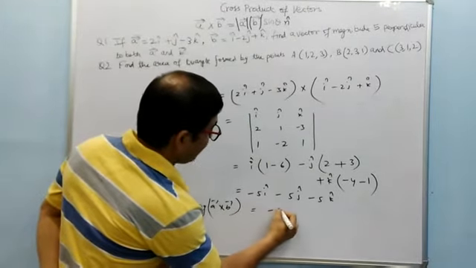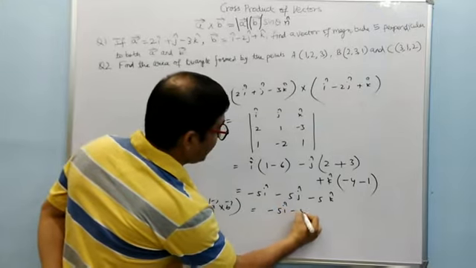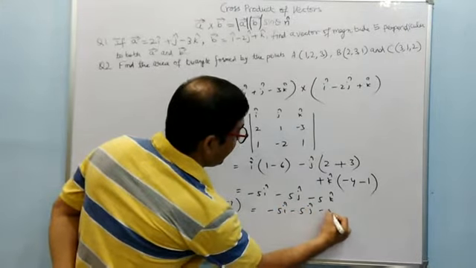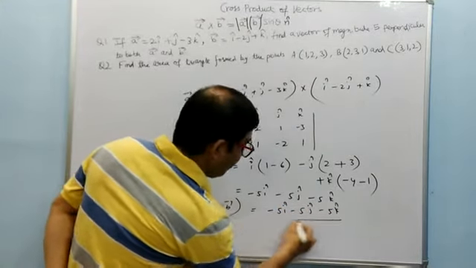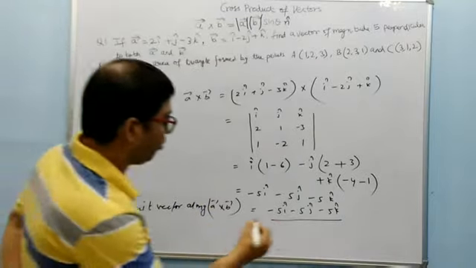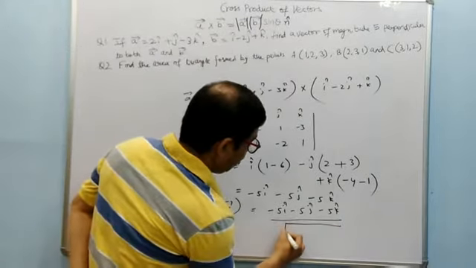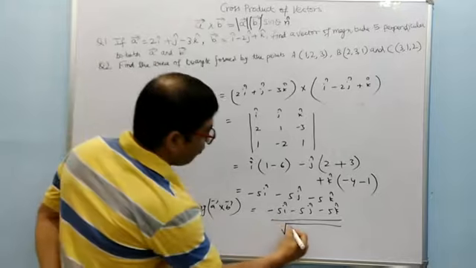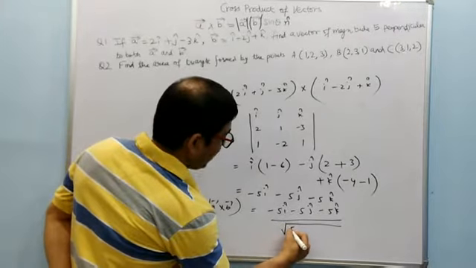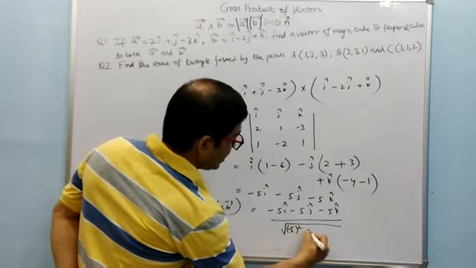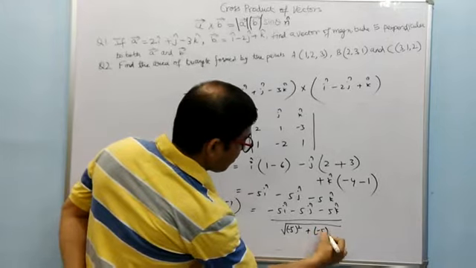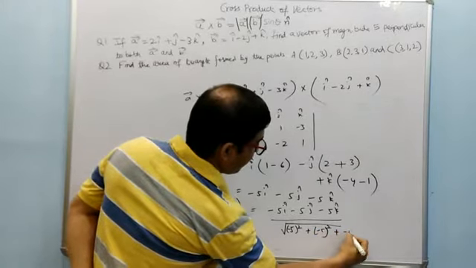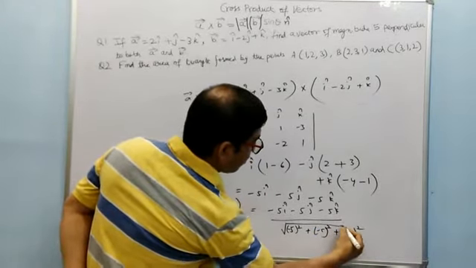So what is that? Minus 5 i cap, minus 5 j cap, minus 5 k cap divided by its magnitude, which, you already know, is under root of minus 5 square plus minus 5 square plus minus 5 square.